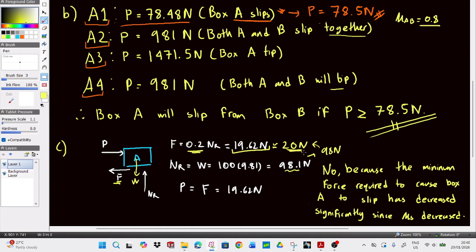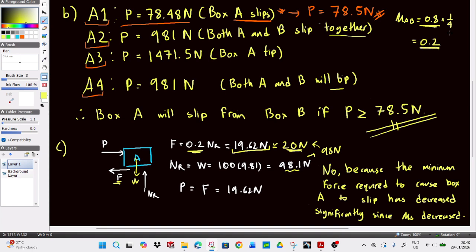I would say it's probably, if I'm not mistaken, 98.1 divided by 19.62. Wait, is it? No, sorry, 78.48 divided by 19.62. Yeah, so basically it's one fourth. The reduction is huge because your coefficient of static friction 0.8, if you multiply that by one fourth, gives 0.2.